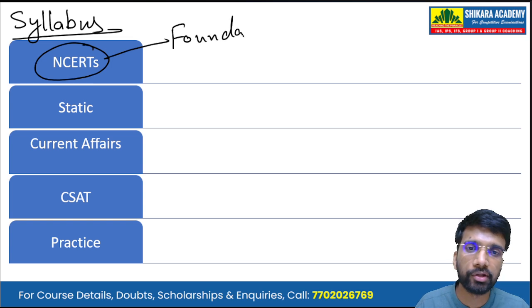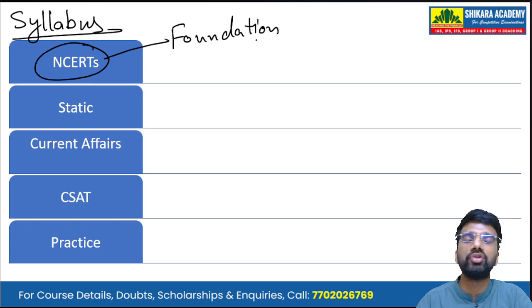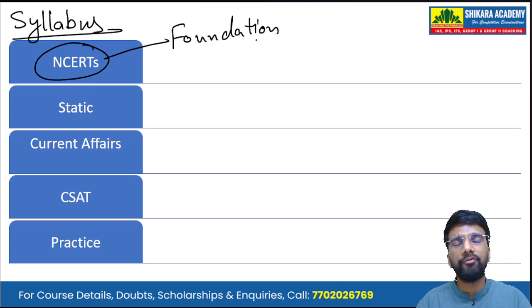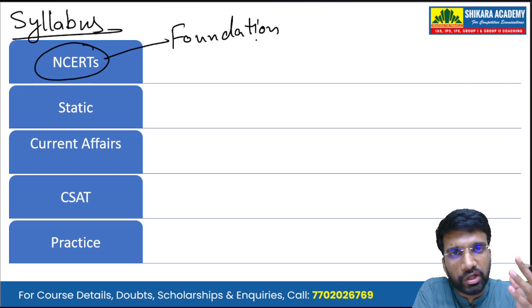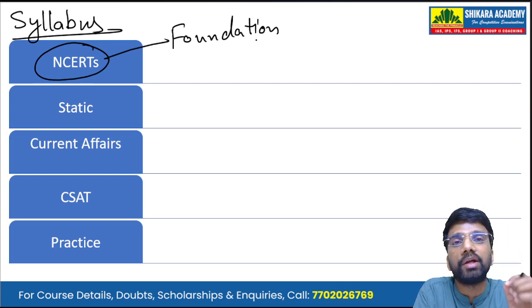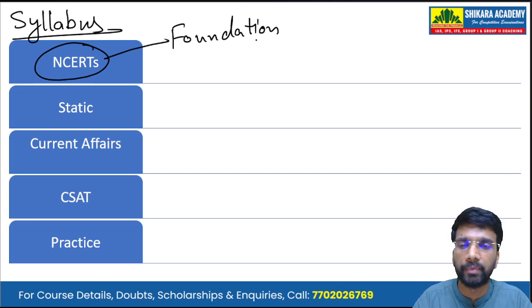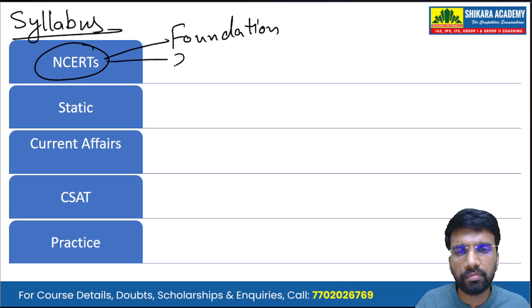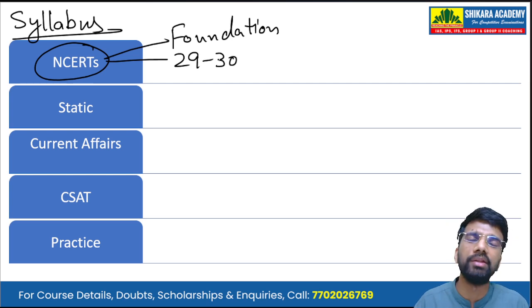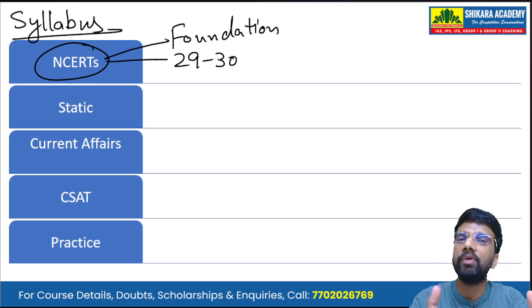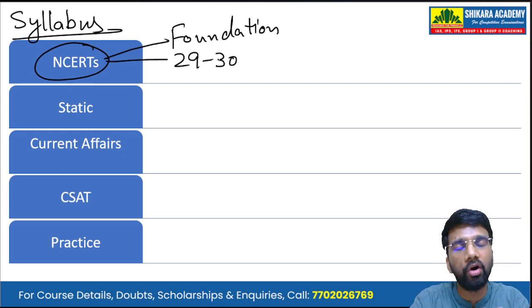So NCERT equals the foundation for your GS preparation. For GS1, GS2, GS3, the NCERTs are very fundamental and are the bedrock of your preparation. There are around 29-30 NCERTs that you have to cover, some fully, some partially, and all of them are very important for the exam.